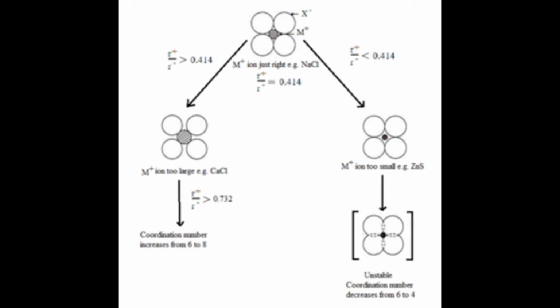On the left side, the coordination number increased from 6 to 8, from sodium chloride to cesium chloride, that's the example. On the right side, the coordination number decreased from sodium chloride to zinc sulfide, cubic or spiral structure. You will understand it in more detail later on.